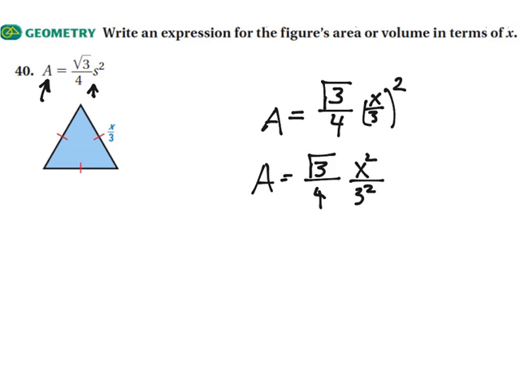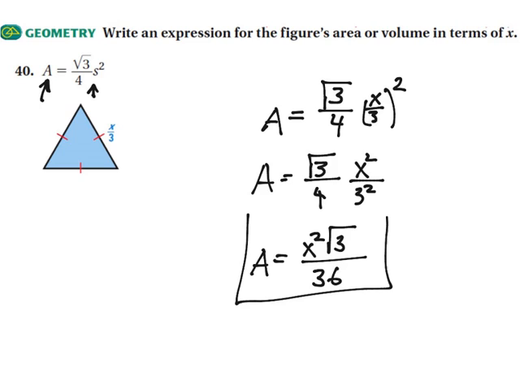So now we're just going to multiply top and bottom, and we get X squared, square root 3, over, and then 4 times 9, which is 36. Nothing reduces there. That is in terms of X.